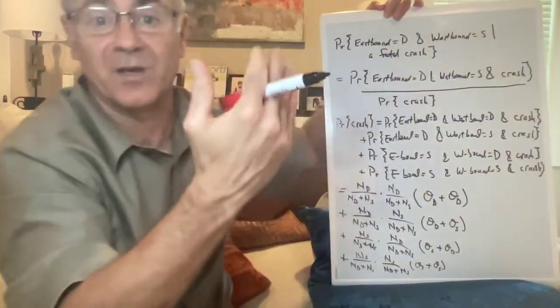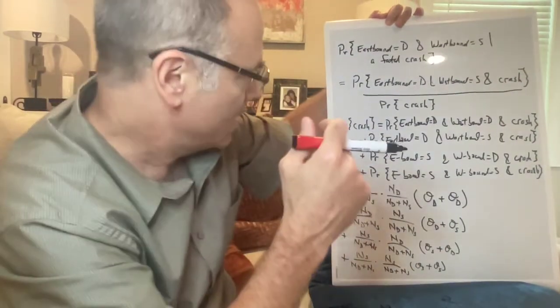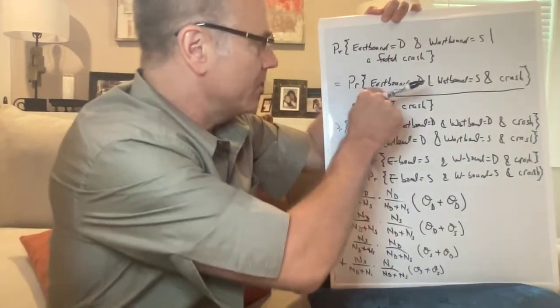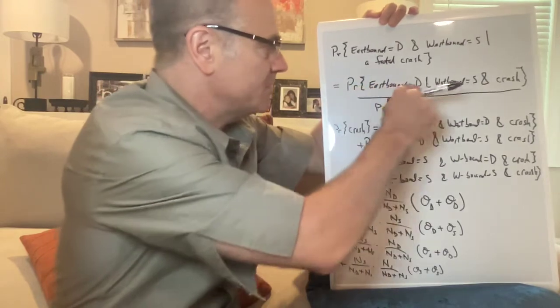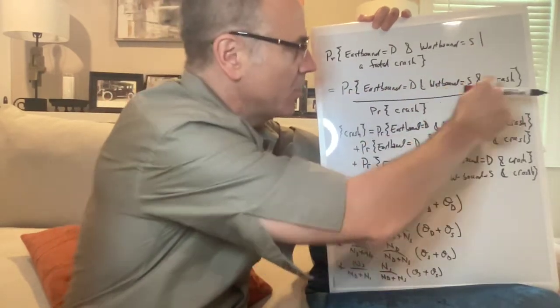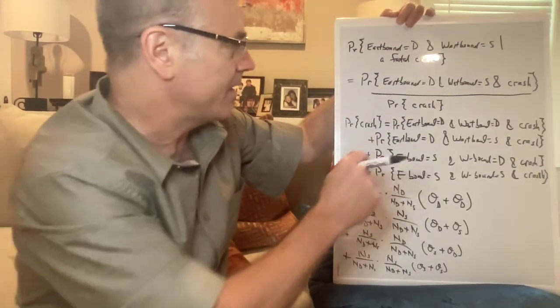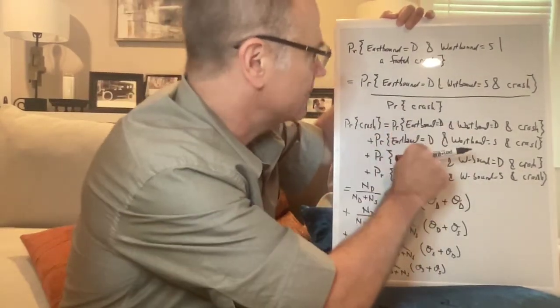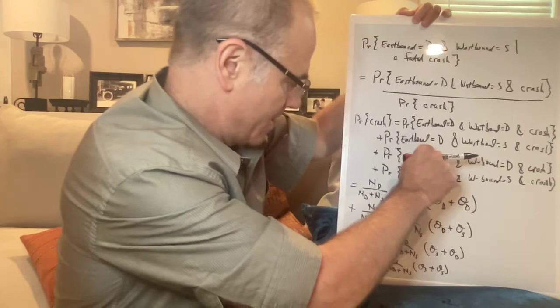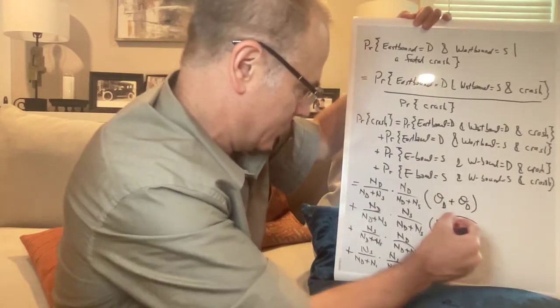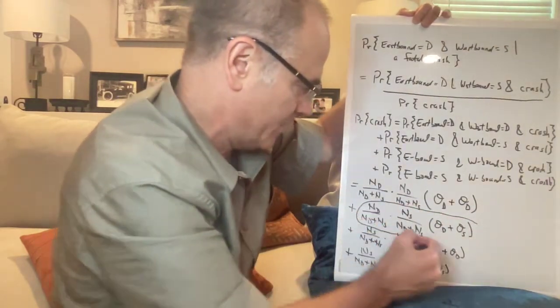Now let's compute the numerator. So the numerator, for the first case: probability eastbound's drunk, westbound is sober, and a crash. Turns out we already calculated that. So that is this one here, and so that equals this here.